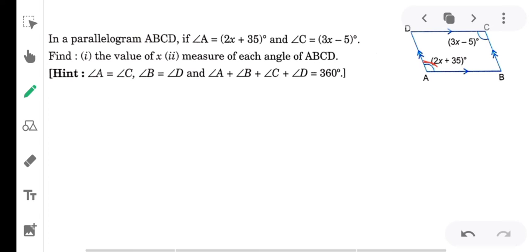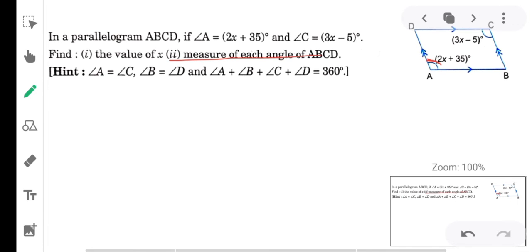So this is a parallelogram, which means angle A equals angle C, because opposite angles are equal in a parallelogram, right? Then find the value of x and measure each of the angles of ABCD. That means we have to find the value of x, and also the value of all angles.